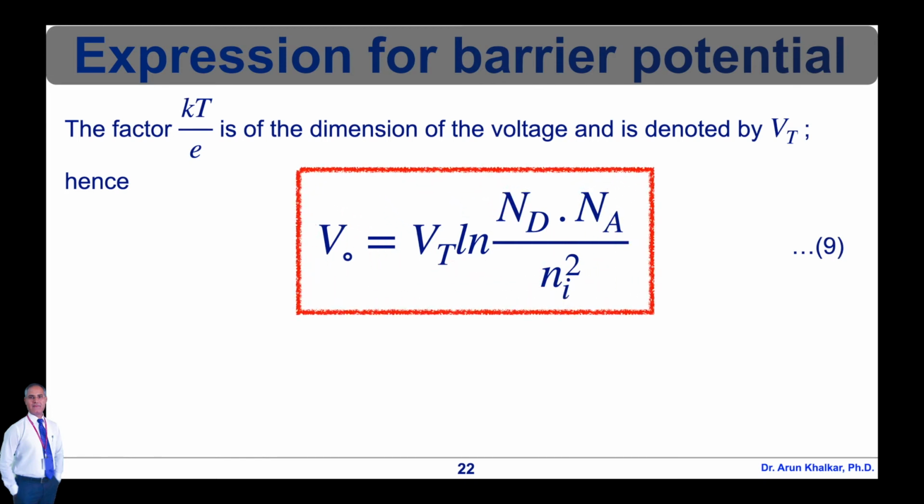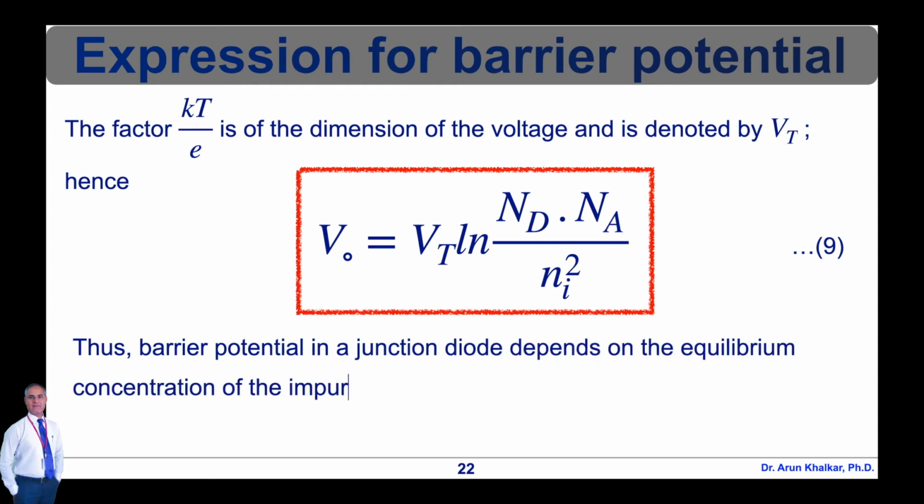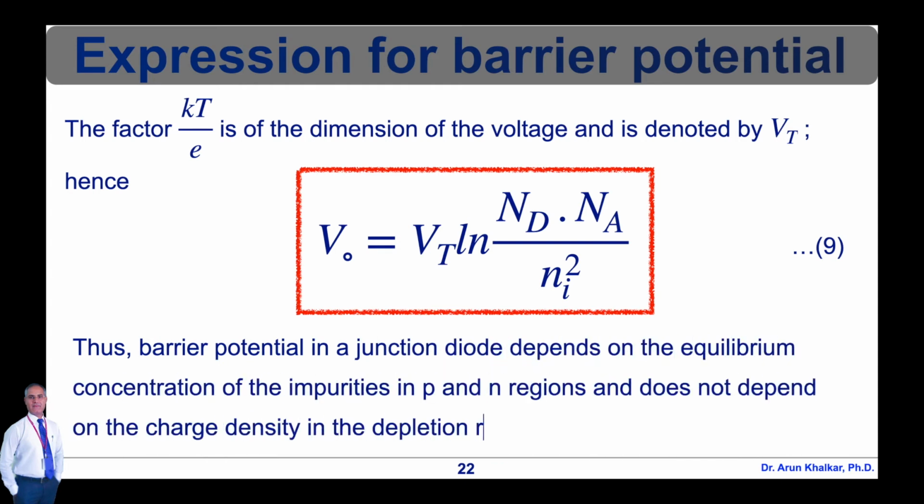Let's say this is equation number 9. Thus, the barrier potential in a junction diode depends on the equilibrium concentration of the impurities in P and N regions and does not depend on the charge density in the depletion region.